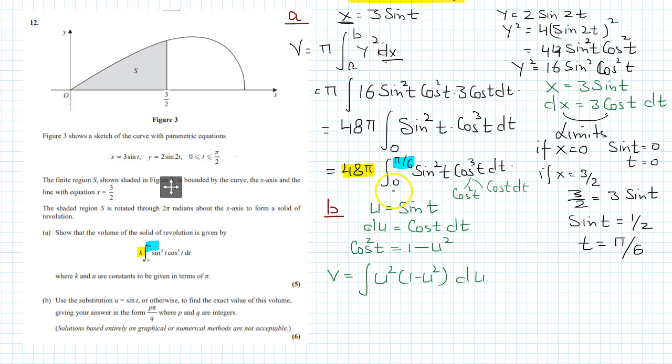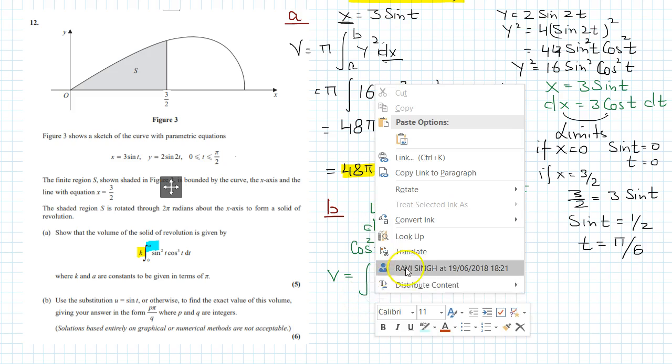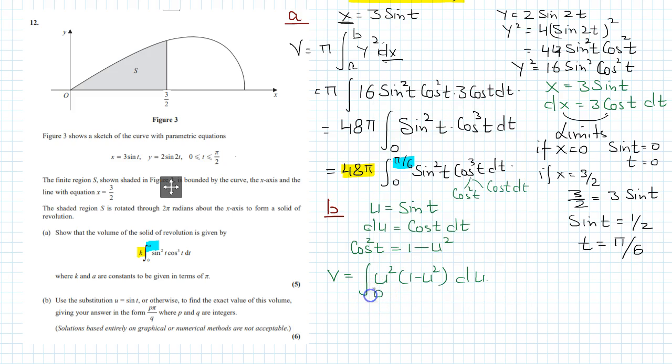Now again, when t is 0, sine 0 is 0, so u is 0. And for pi over 6, sine 30 is 0.5, that is half.